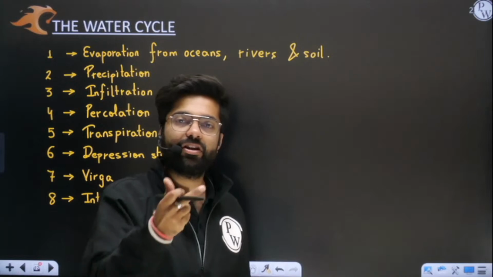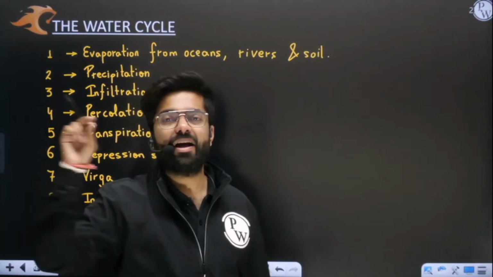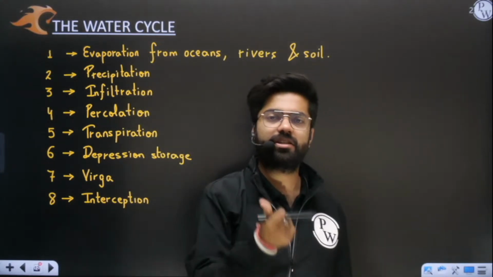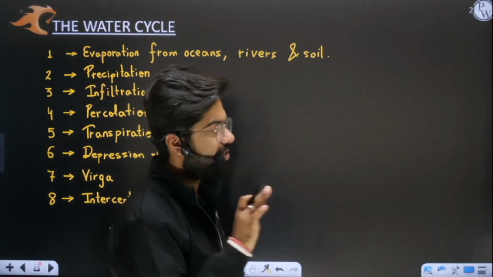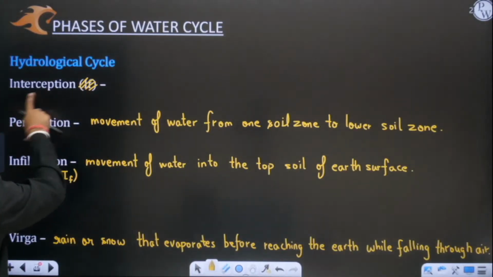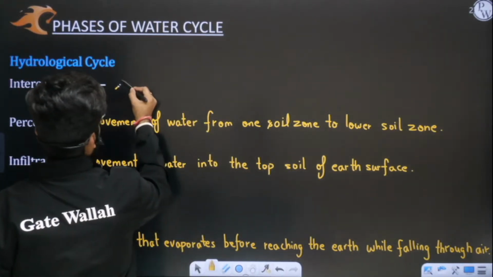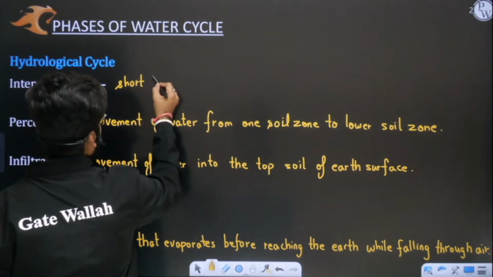Whatever water does not reach the earth's surface and is obstructed by trees, crops, vegetation, or buildings, etc., is nothing but your interception. So if someone asks you what interception exactly is, you will say it is short term retention of water.